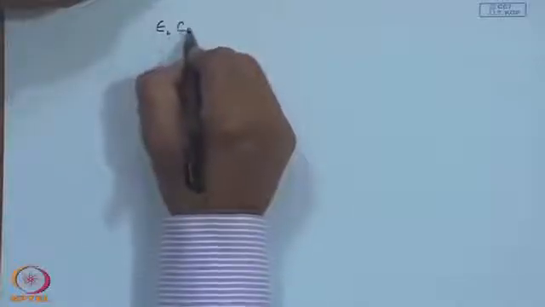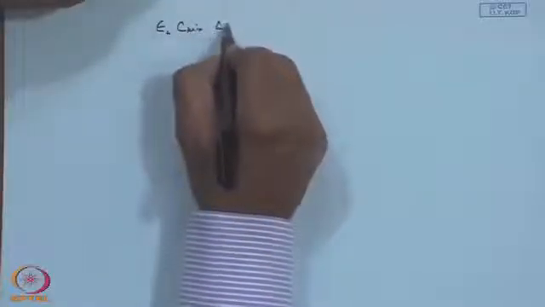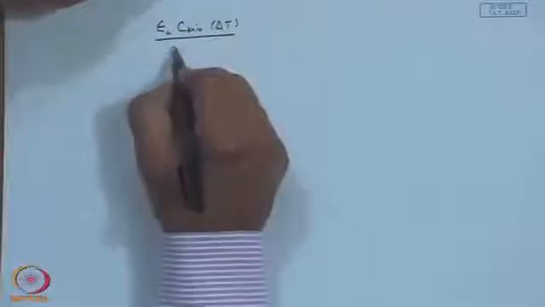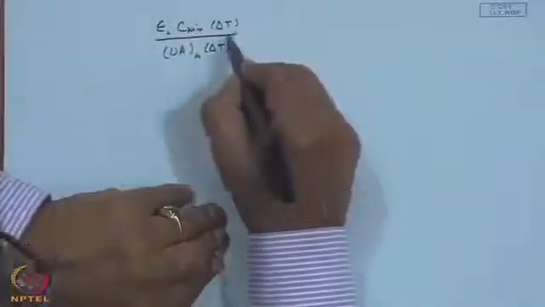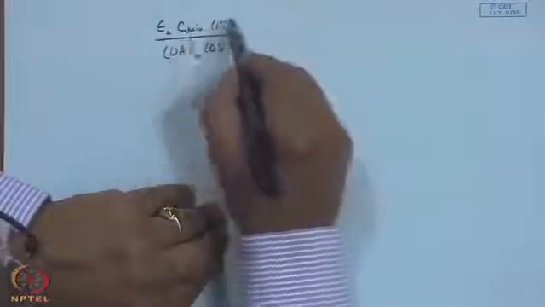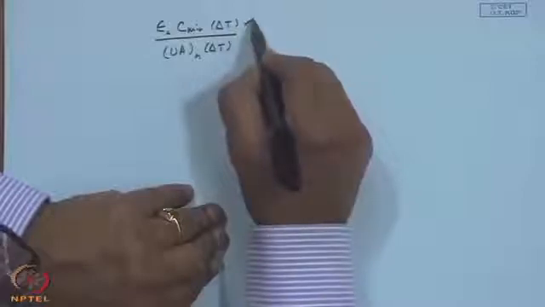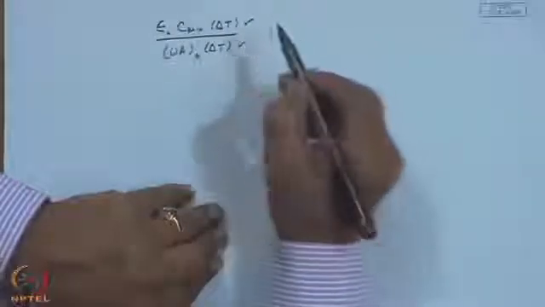There is an easy way of looking at these things. First of all, if I put epsilon L C minimum times some delta T by U A H times some delta T, note that the delta T relevant for calculating the space heating load is not the same as the delta T across the heat exchanger, but dimensionally one can draw some comfort that this is the ratio of the capability of the heat exchanger to transfer a certain amount of heat to the amount of heat that needs to be transferred.